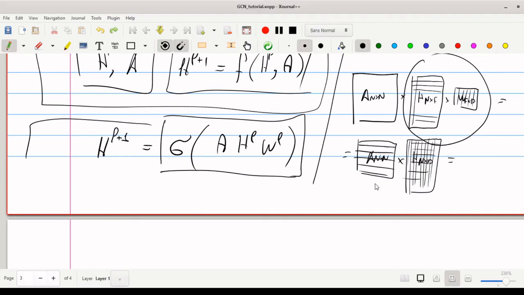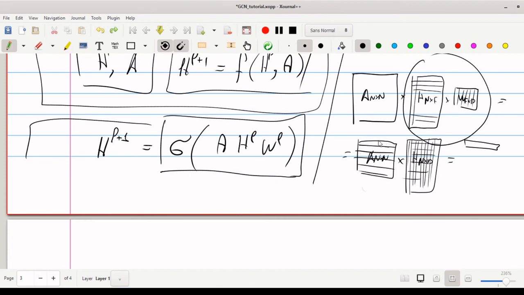So what that means is that when we perform this matrix multiplication, what we're going to get in the first row is obtained by taking all of those rows and summing them together as a linear combination with the coefficients taken from the first row of this matrix.